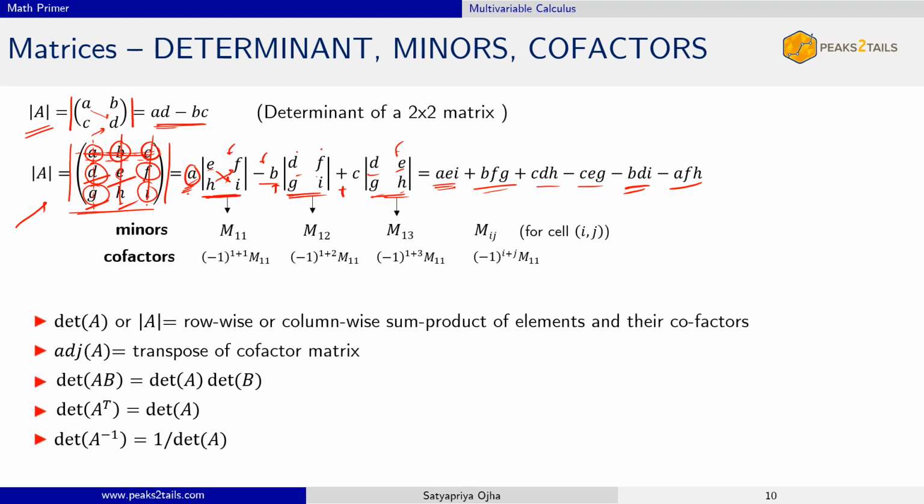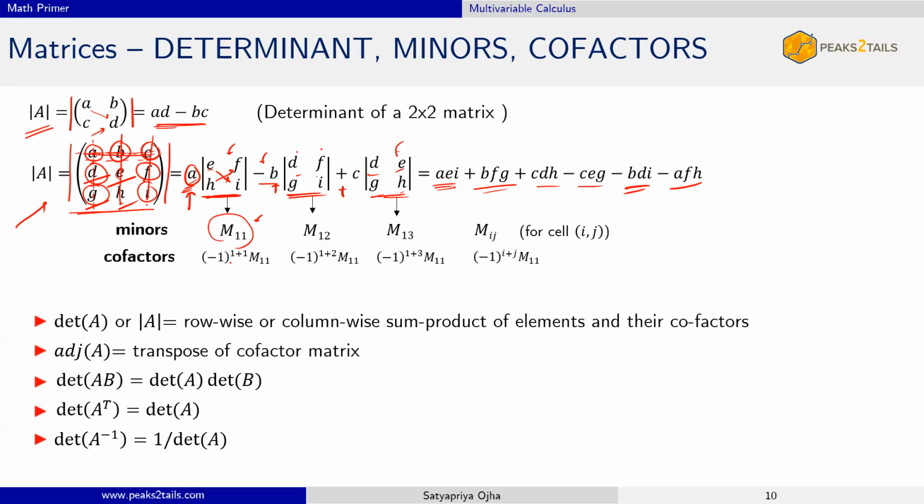Now, for every element, for example, A, there is an associated determinant that we multiply, right? Those are called minors. And you can denote it like this. M11, 11 means first row, first column, which is A in our case.